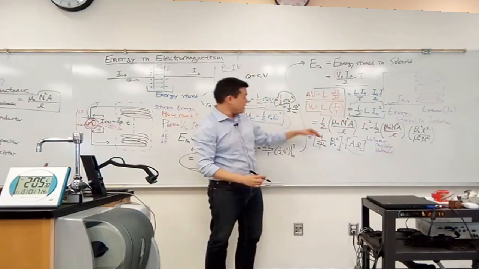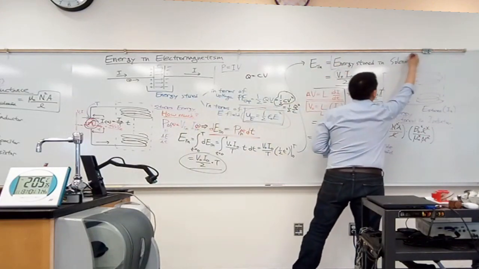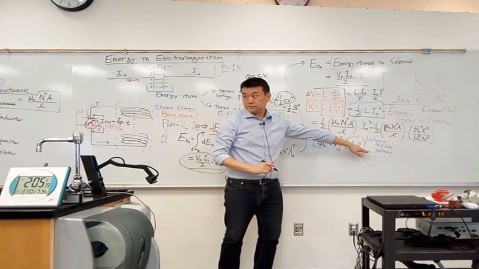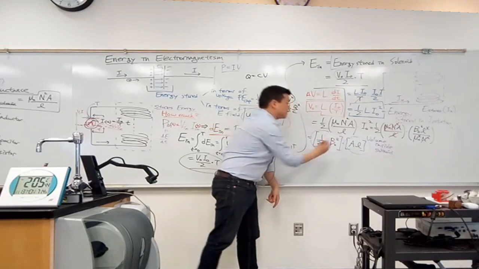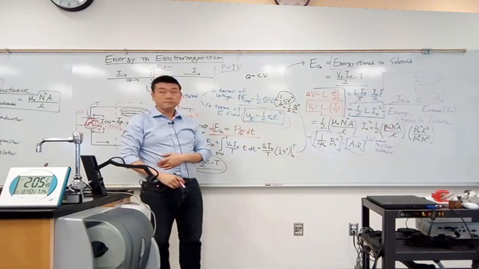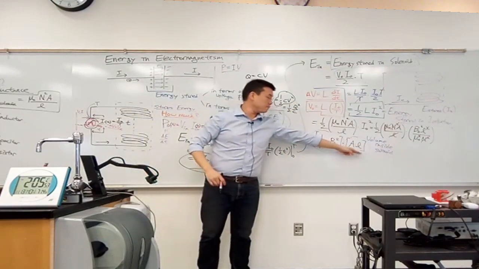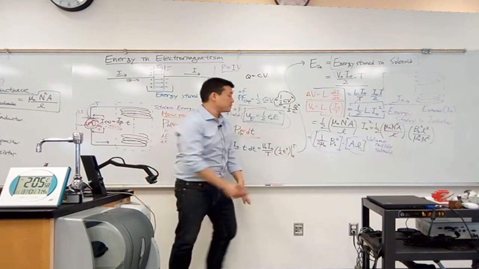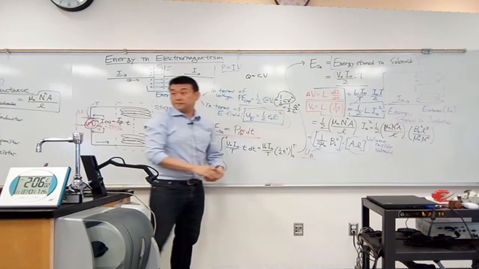So knowing the left-hand side is the energy stored in the solenoid, and some quantity times the volume is giving you the energy stored in the solenoid, what kind of meaning would you assign to this? Yeah, energy density. Because energy is equal to volume times this constant quantity. This is the energy density. We call this the energy density of the magnetic field.